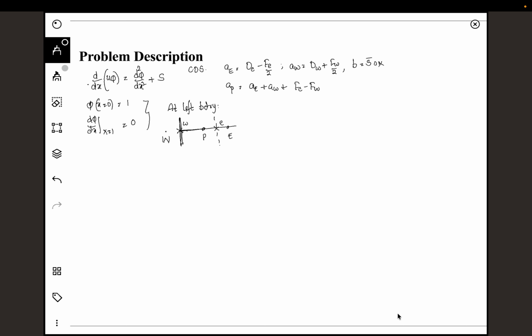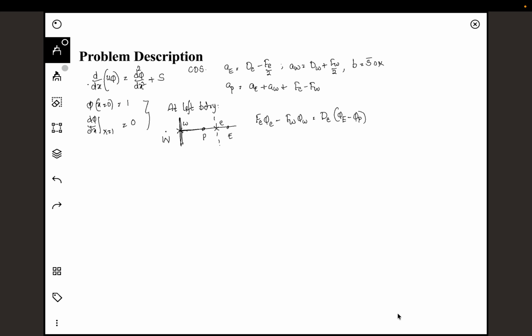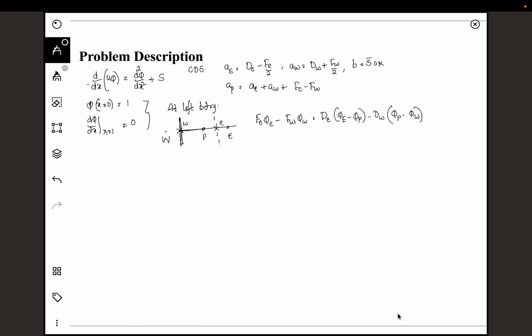We have to do an integration just like before. So the terms will be Fe phi e minus Fw phi w, equals De times phi E minus phi P, minus Dw times phi P minus phi W. This we already know.